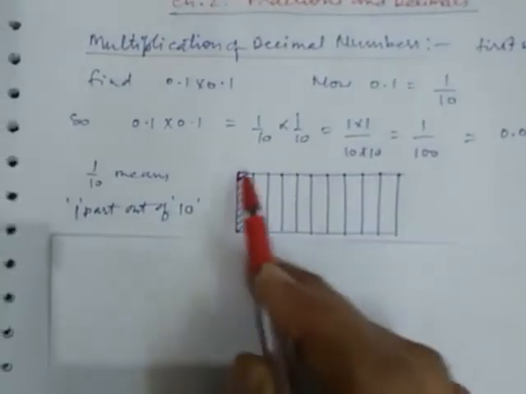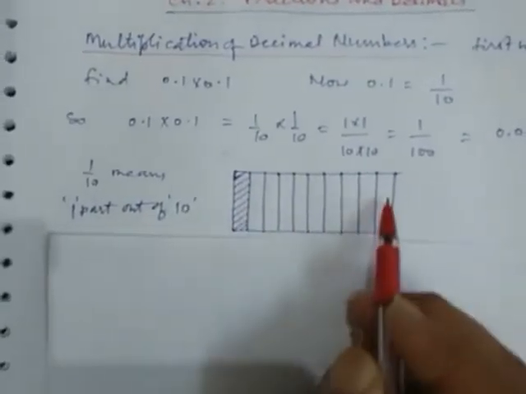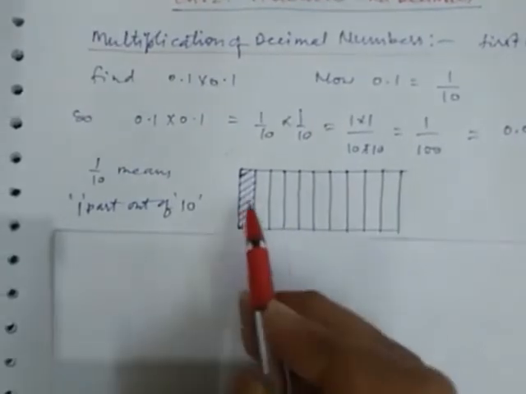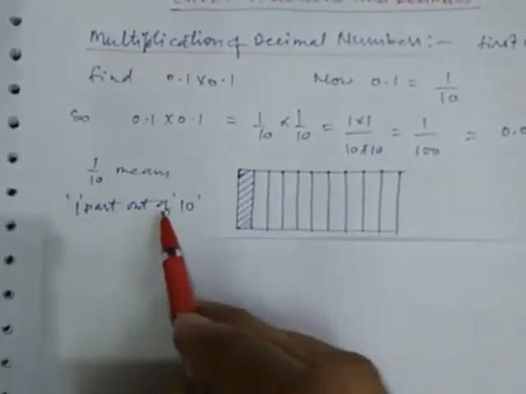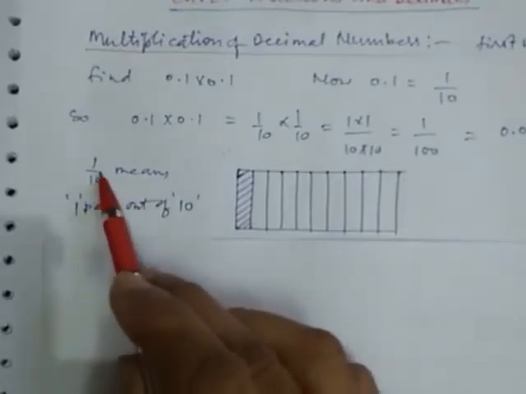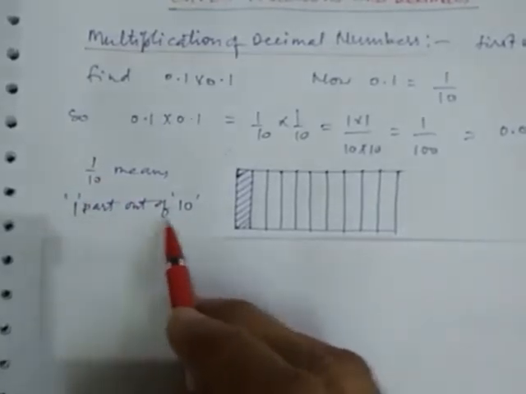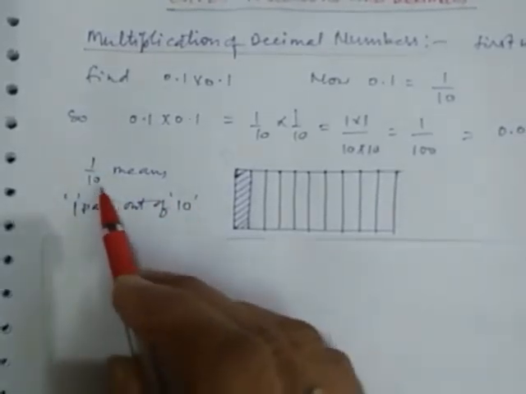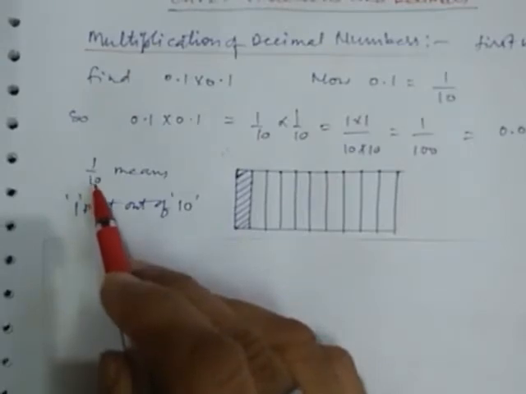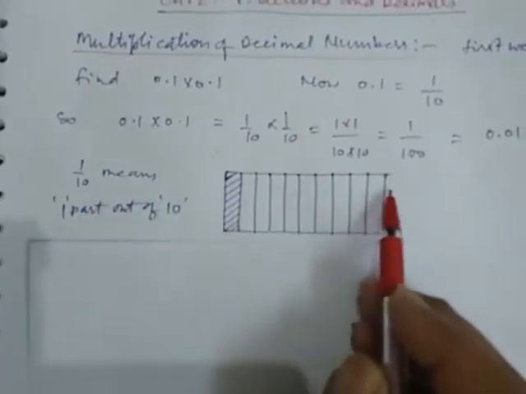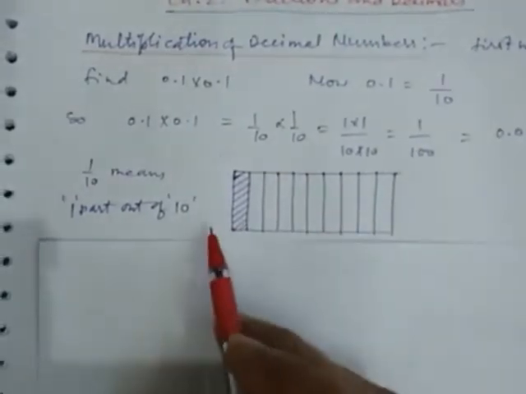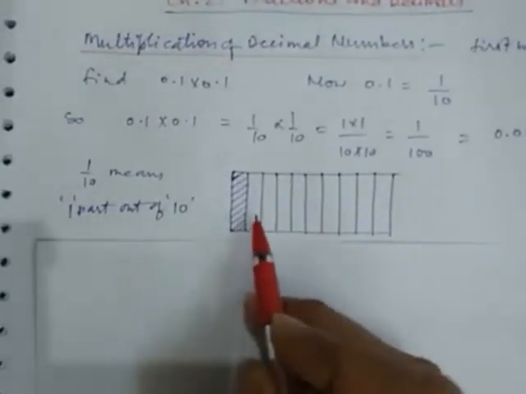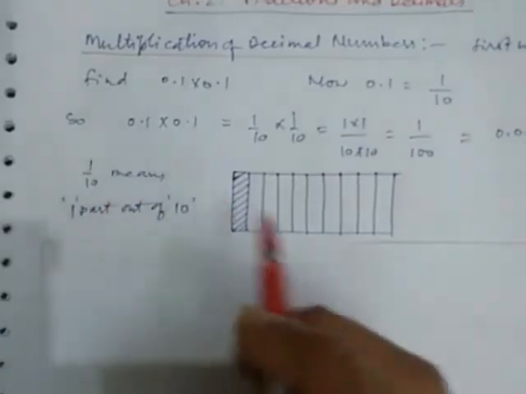Here we make 10 parts of this whole figure and we consider only 1 part. 1 part out of 10. This is the meaning of 1 part out of 10, because the denominator always shows how many parts a single whole thing is divided into. So here 1 part out of 10 is the meaning of 1 by 10.